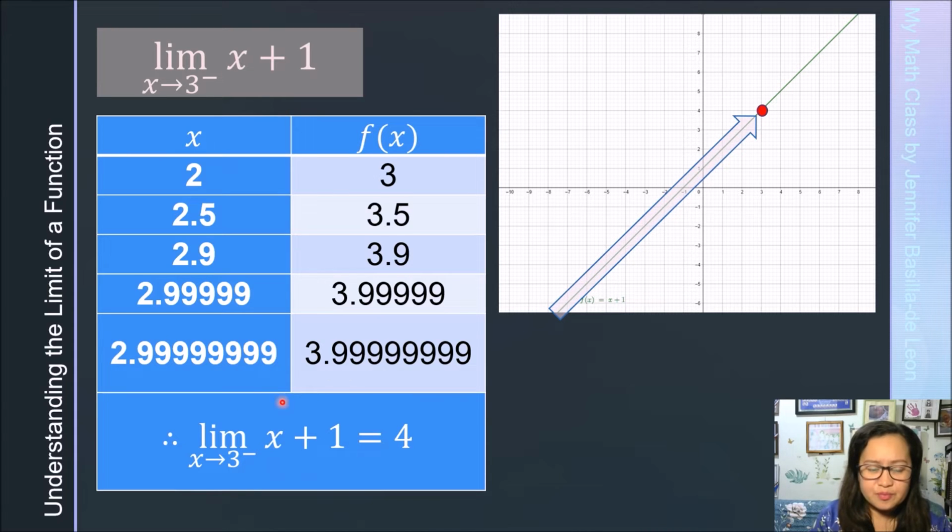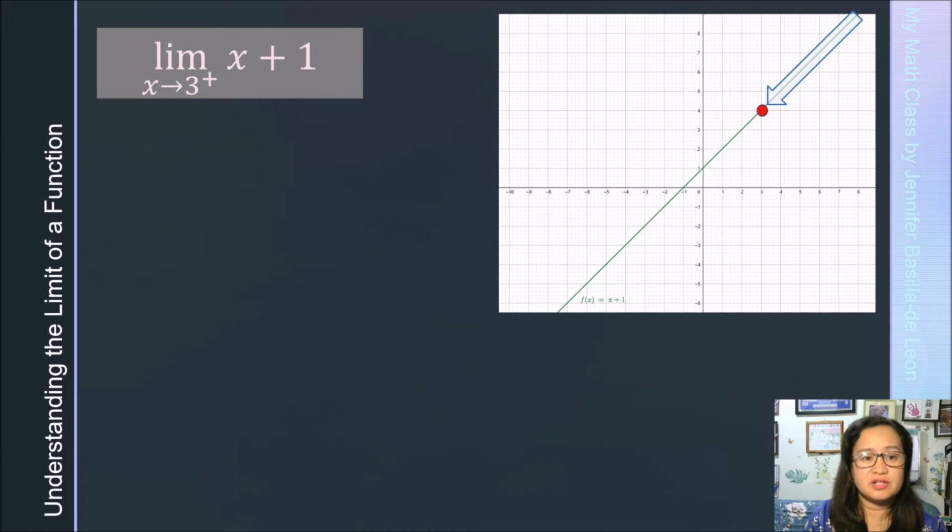From here, we can see the trend that as x approaches 3, the value of f of x approaches 4. Therefore, the limit of x plus 1 as x approaches 3 from the left is 4.